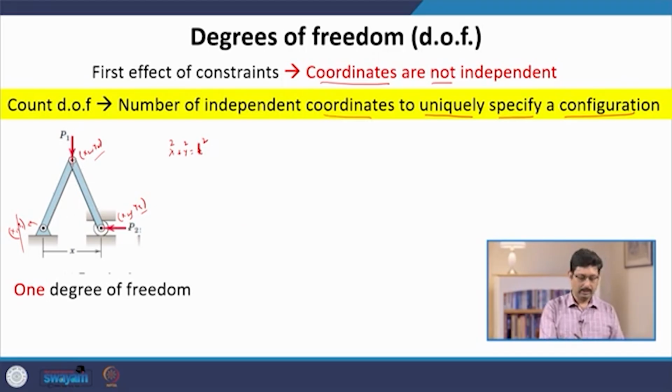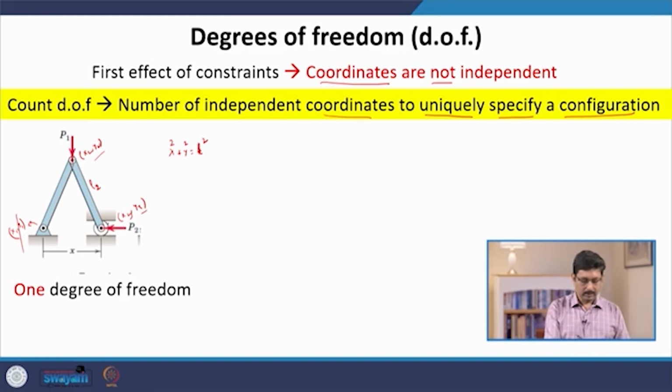Similarly, if you change the position of this point, then this point will also automatically change. So, why are they not independent? Because the distance between these 2 points represents the length of this rod and this is a constraint. So, this is one constraint in the system.